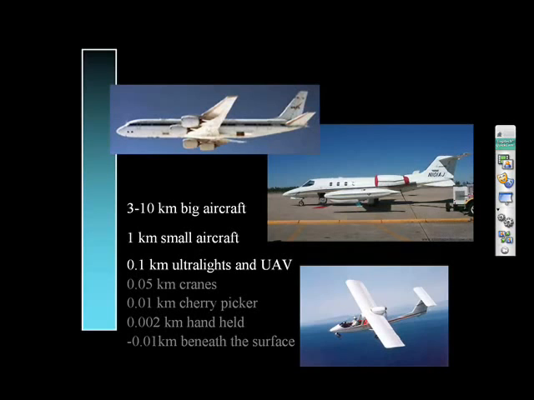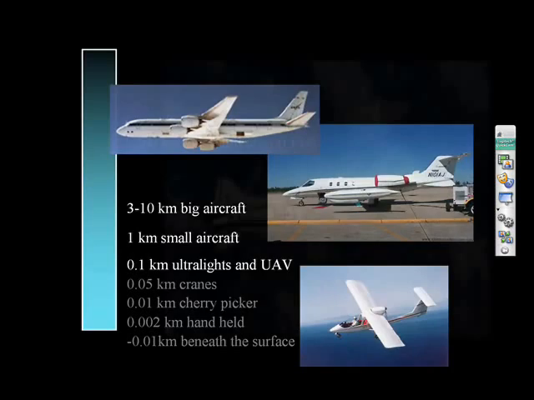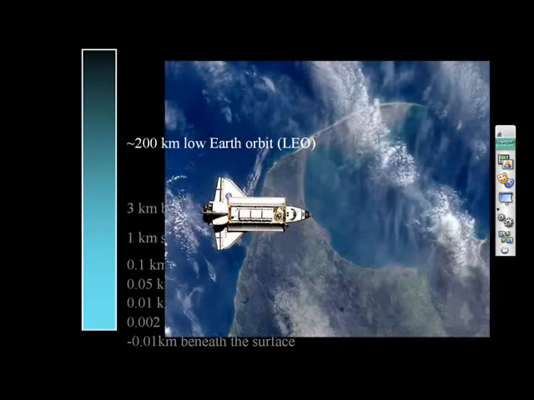Once you get into a few hundred kilometers, you're getting into what's called low Earth orbit. The space shuttle typically is in orbits of about 200 to 300 kilometers. Because there's still a small amount of atmosphere there, it's not very good for long-term instruments to be in a low Earth orbit, because the drag effectively slows it down, so it uses a lot of fuel to keep in orbit.